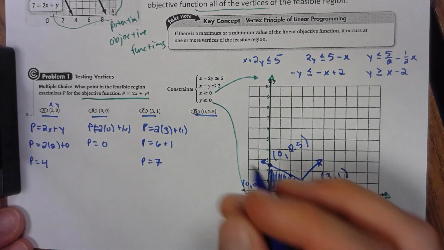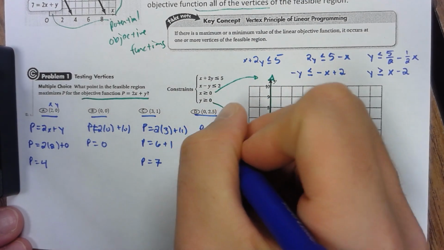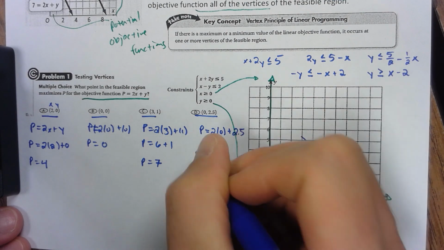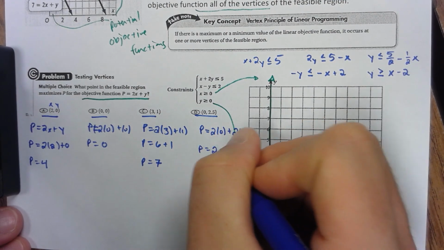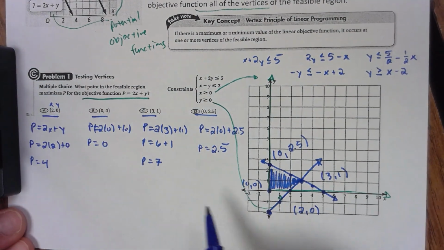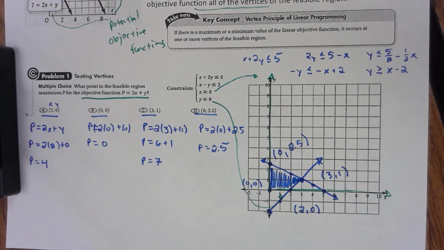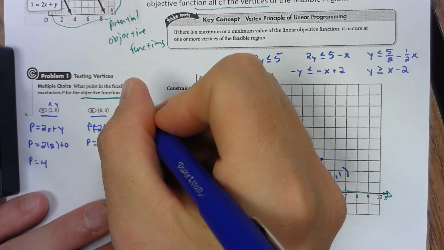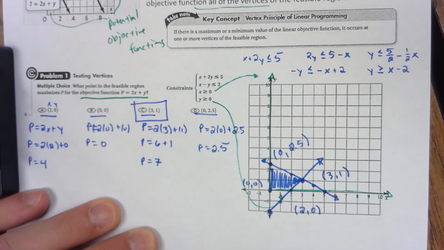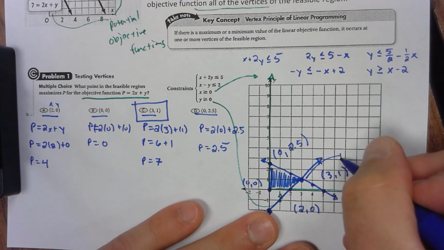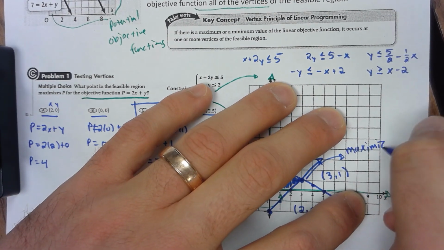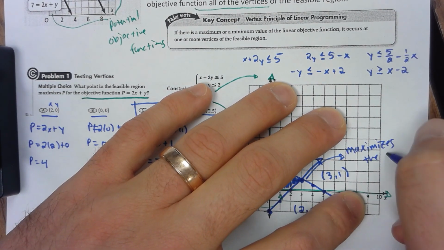And the 0, 2.5, I already know that's not going to maximize it, because we have 2 times 0, and then plus 2.5, giving us just that p is 2.5. So in this case, the value that gives us the largest value for our objective function is 3, 1. So it's this point right here that maximizes the objective function.